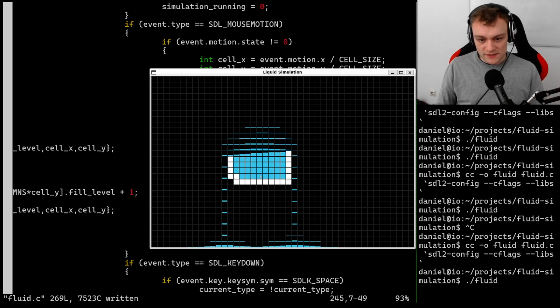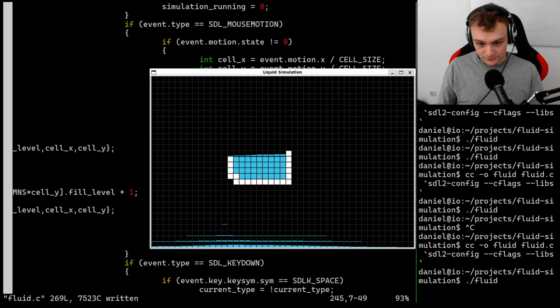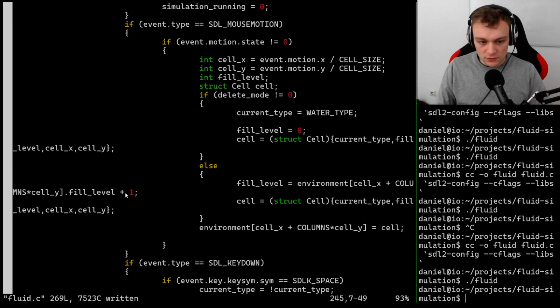That looks good. And let's see what happens if I draw inside the piece of liquid here. Nothing. But actually, I would expect that we build up pressure in these cells if I draw here, and that the liquid overflows then. So the fill level is the current fill level plus 1.